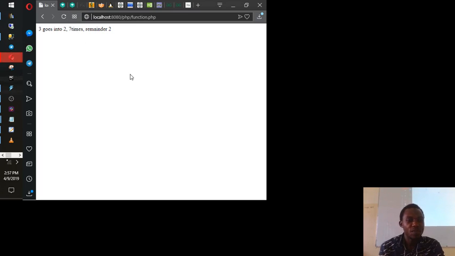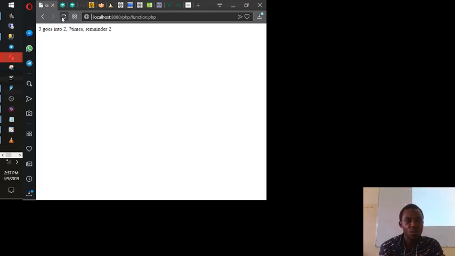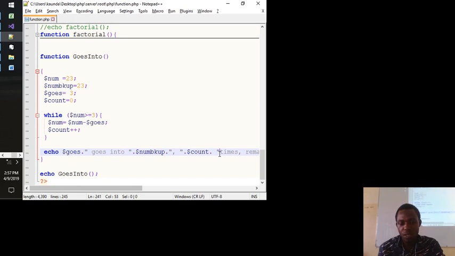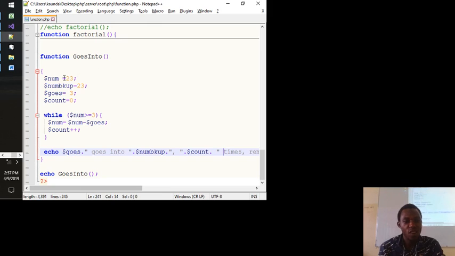So you have to take this one, replace this. So 3 goes into 23 7 times, remainder 2. So space here small. That's it. 3 goes into 23 7 times, remainder 2. Now this is what I was saying. If I put this one here, we should achieve the same thing.